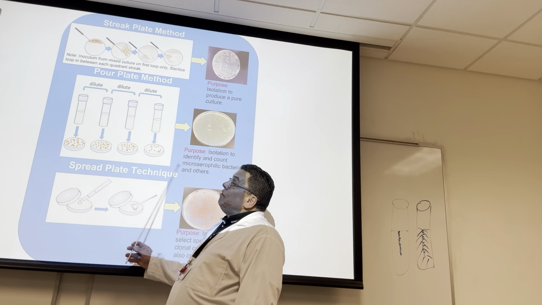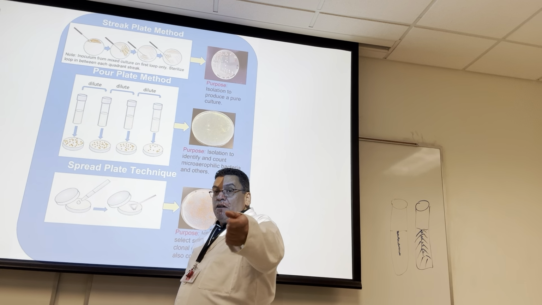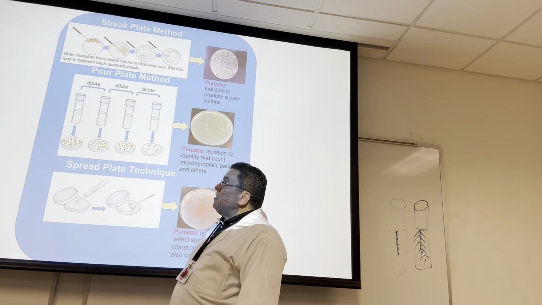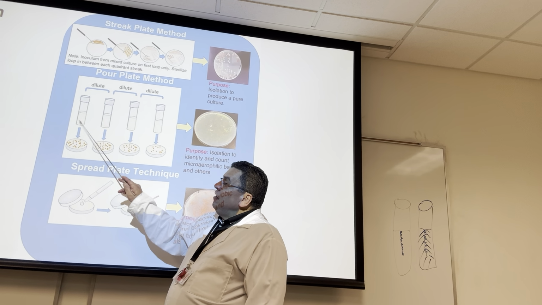But then there's another method. It's called the pour plate method. Why? Because you're literally pouring it. But listen to this one. You make the media. It's still liquid, but it will solidify. And then you inoculate it with a certain amount of your culture. And then you dilute it out by taking a small amount of this and putting it here.